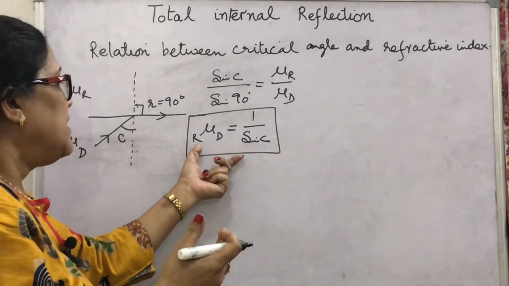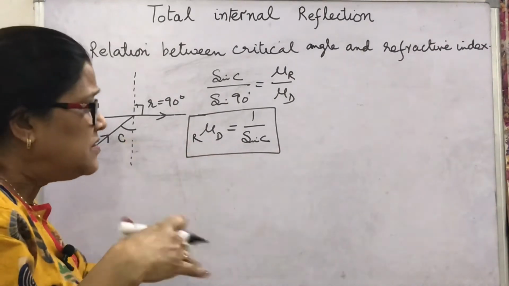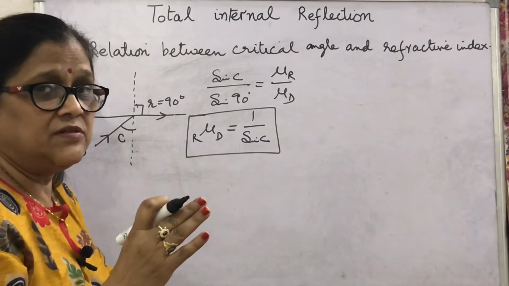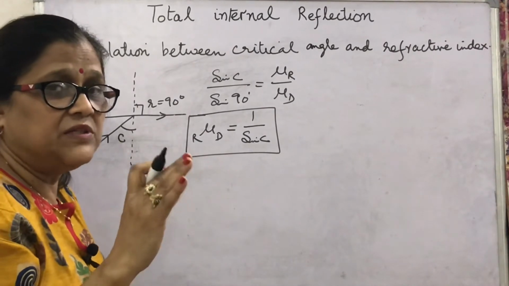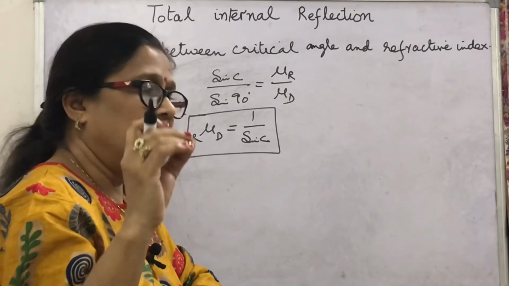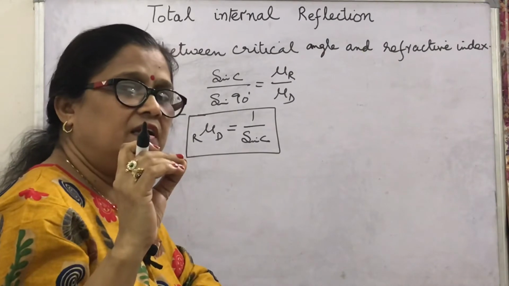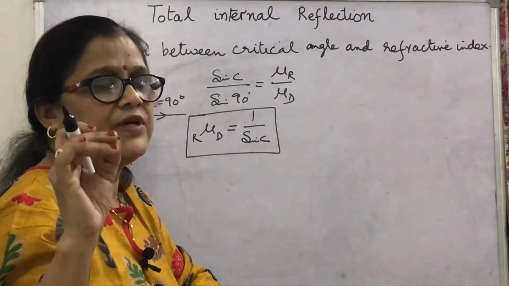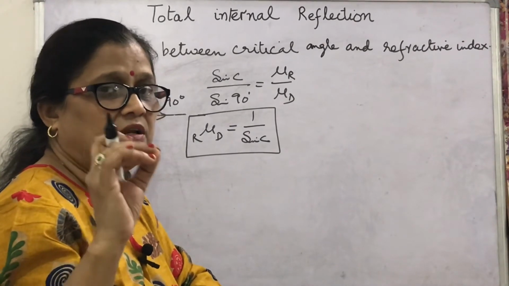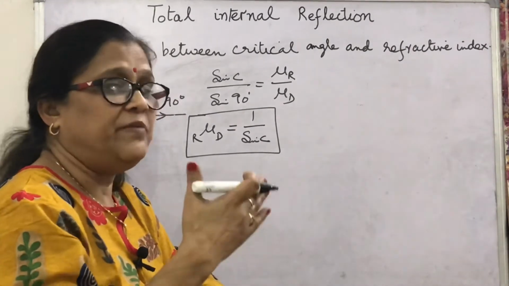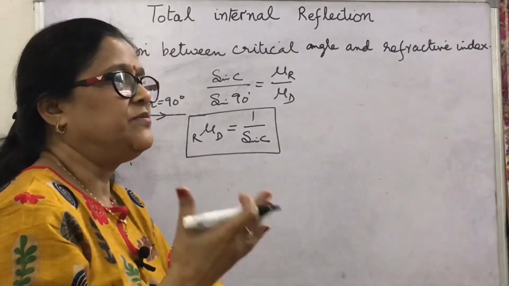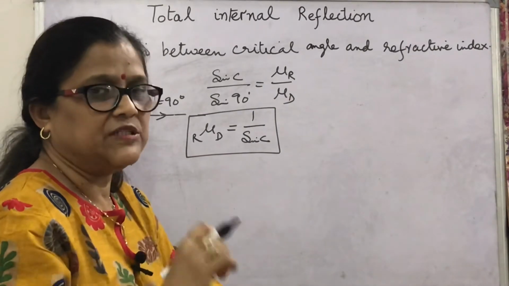What happens in the case of certain substances, for the glass-air interface, if you take the prism? What I am going to tell you is very important. If a prism has one angle of 90 degrees and the other two angles of 45 degrees, a right-angled isosceles prism, then bending of light rays can be made by 90 degrees, by 180 degrees, and the prism can also be used as an erecting prism.